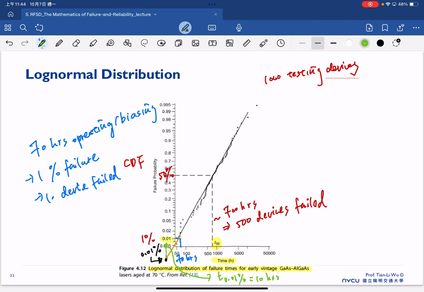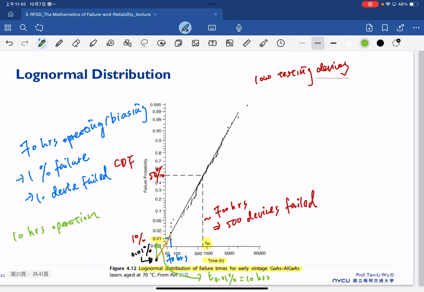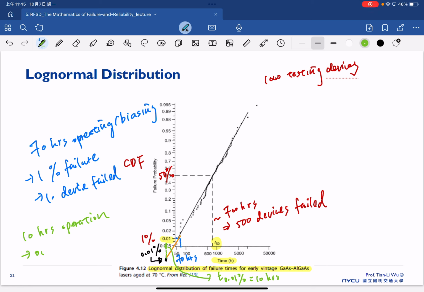So finally, if you fabricate this device, you can only tell your customer it can operate for 10 hours, because the 10 hours of operation already cost 0.01% values, which is equal to one device.